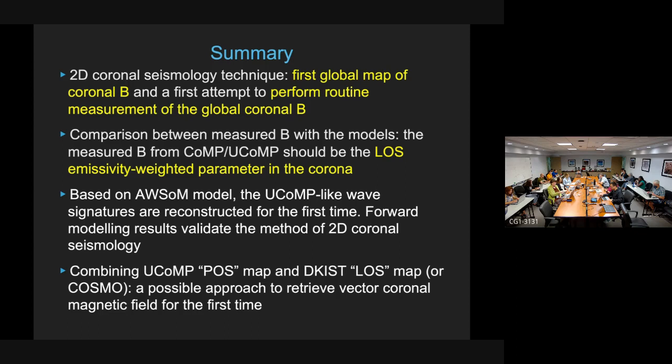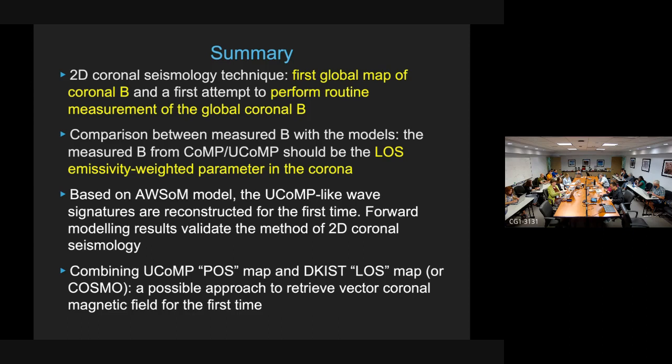So when you talk about combining the plane of sky and line of sight maps to get a vector coronal magnetic field, it's important to point out that the quantity itself will pretty much be this average number. Yeah, so that's why I'm trying to use forward modeling to synthesize both the plane of sky and line of sight magnetic field, to see if we can really get the accurate vector magnetic field.